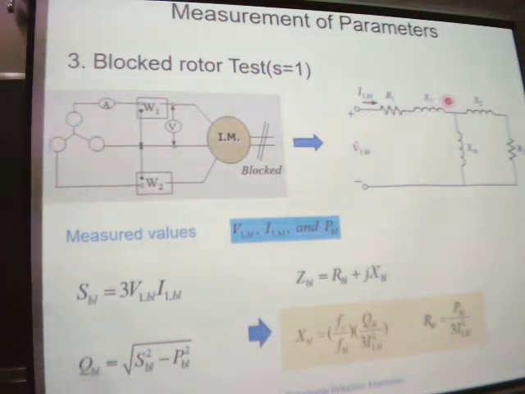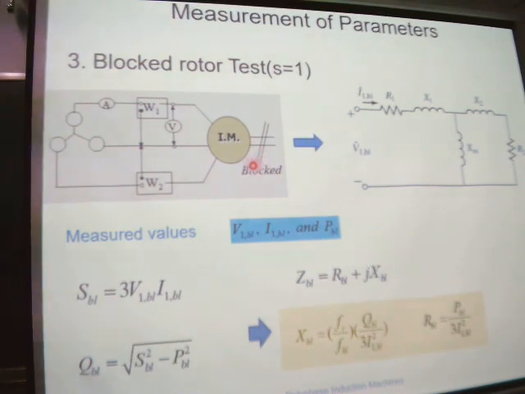We should note that we can't directly give the full voltage, just the rated voltage, to the stator. If we do this, we will get a very high current in the circuit, because the rotor is blocked.